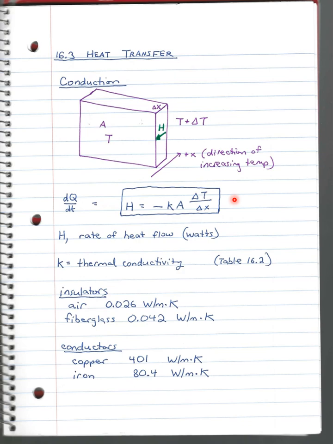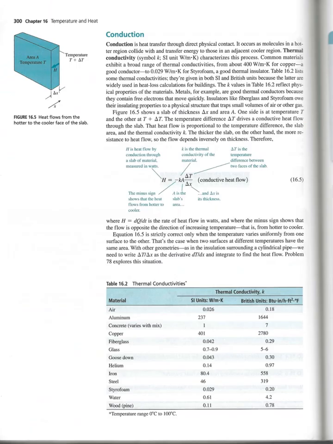And we're going to contrast that with good conductors, typically metals. Copper is 401, iron is 80.4. So as you do the homeworks, when you're working such problems, just refer to the table for thermal conductivities as necessary. There's the table that's in the book. You can see all of those and refer to it.